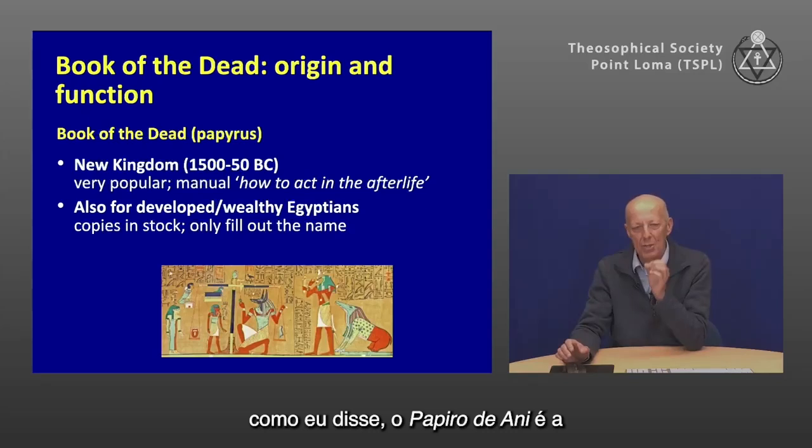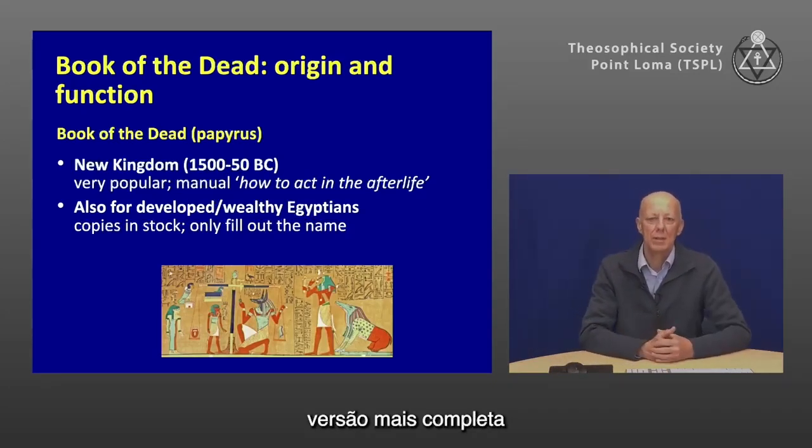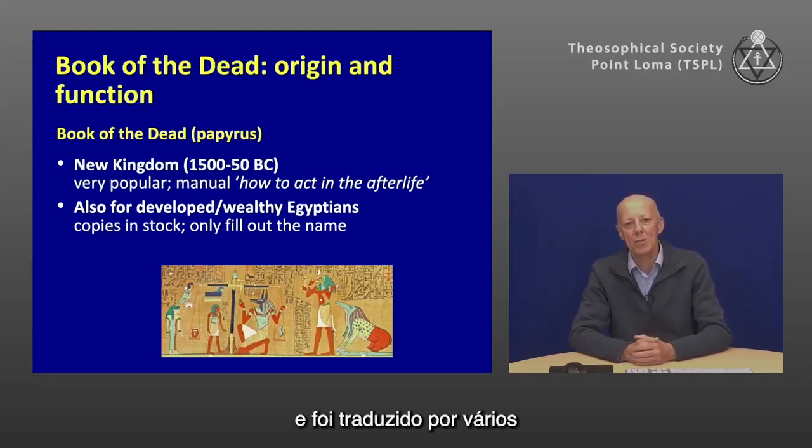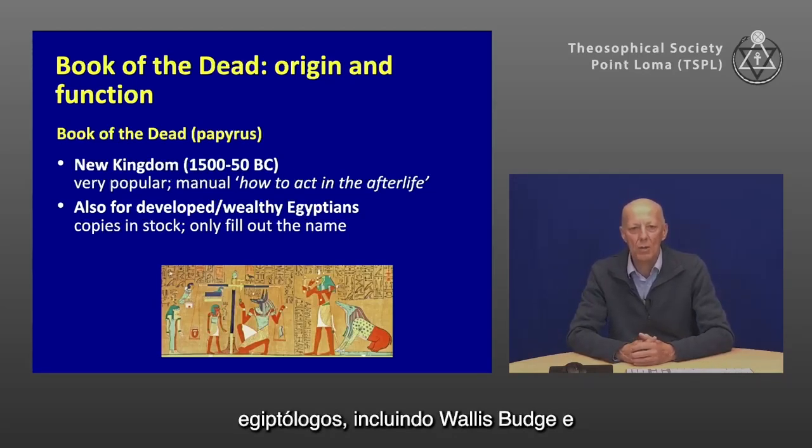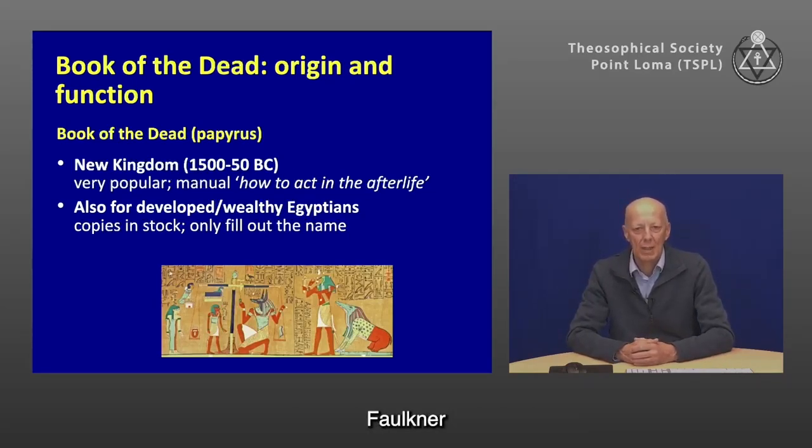Now, as I said, the papyrus of Ani is the most complete version and has been translated by several Egyptologists, including Wallace Budge and Faulkner. And it contains 189 chapters and 37 plates.